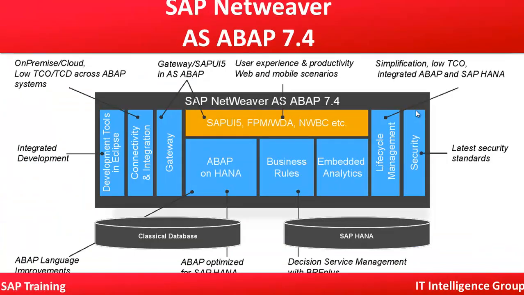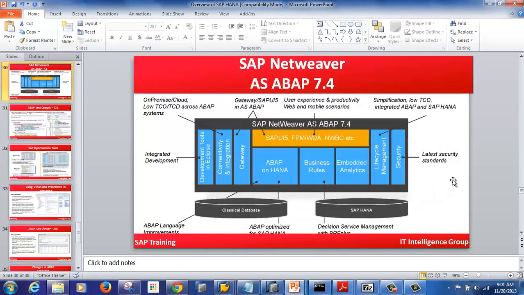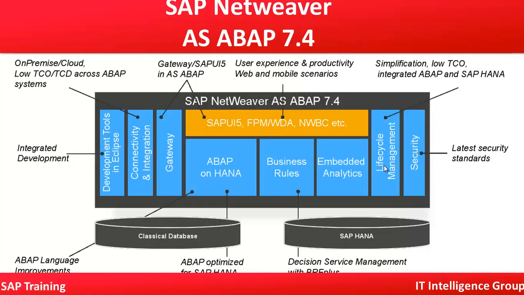Here is the architecture for HANA. This shows you the overview of NetWeaver 7.4, which is what ABAP on HANA is built on. This is your SAP HANA where you are doing decision service management with BRF Plus, and ABAP optimized for SAP HANA. We will see how the optimization is carried out and how you can do decision service management using BRF Plus.